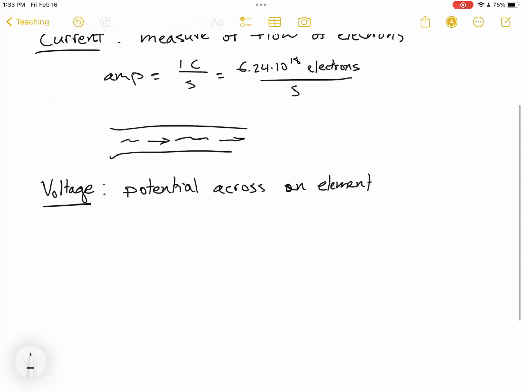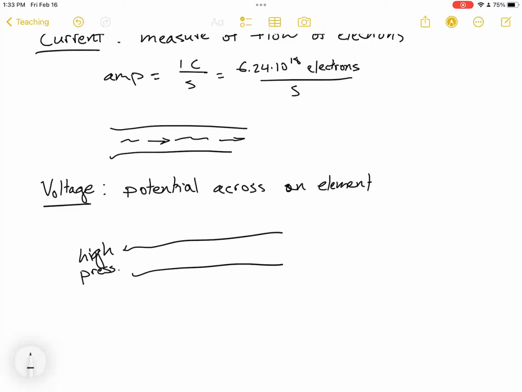If we have in our pipe some high pressure on one end and some low pressure on the other end, that's going to cause the fluid to flow in this direction to try and equalize the pressure.